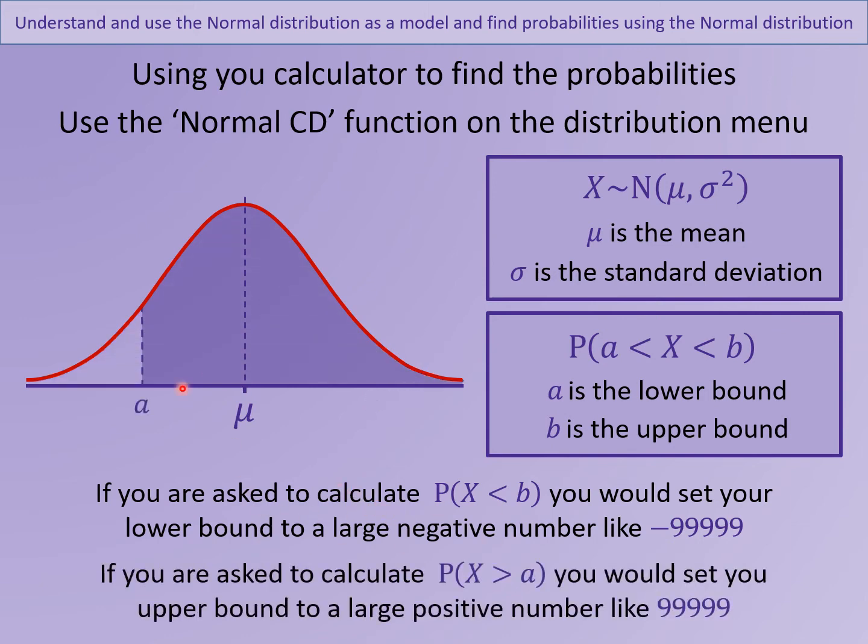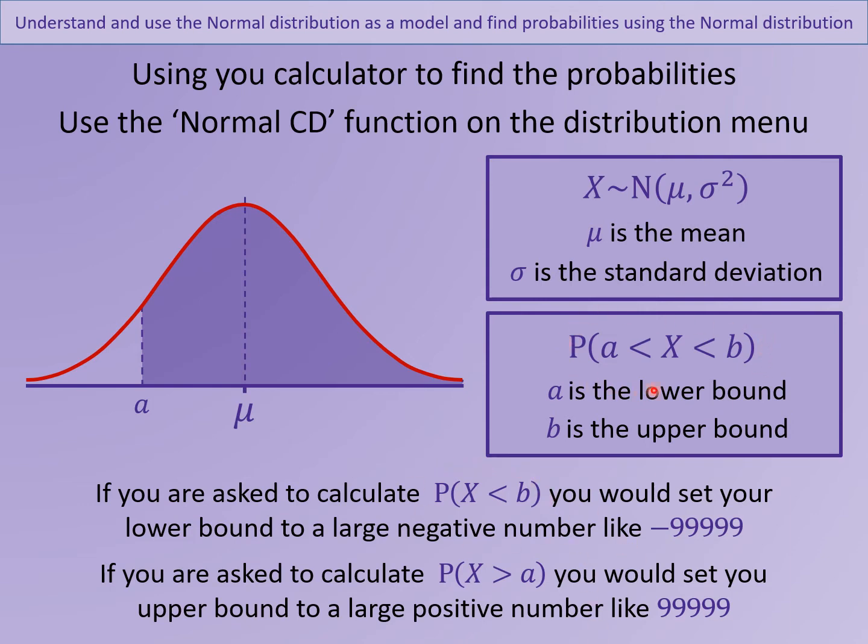If you're asked for a greater than, your upper bound could be something massive like 99999. Okay? And that way, although you're still doing one of these types of questions, either part of it is made redundant because you put in some very big values. Okay? Right, that way it can ask any question.